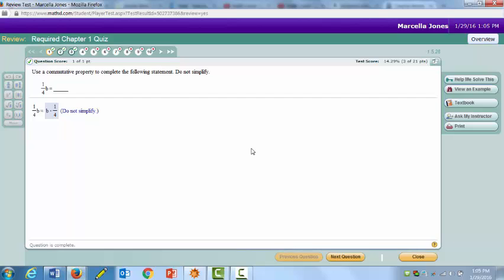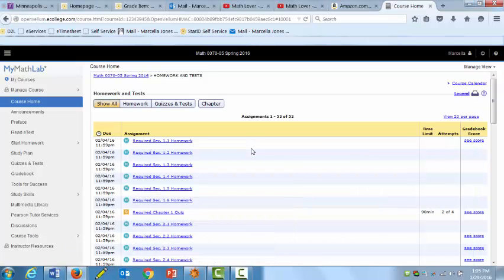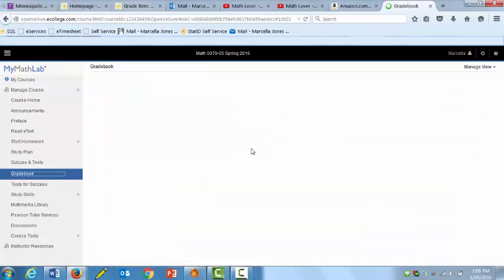And notice once I go into review mode, now the help tools are available. Those were not available when I was actually taking the quiz. Now they are available. All right, and what I want to point out is that even if you don't review the quiz then, you can always review the quiz later by clicking on Gradebook on the left side of the home page.